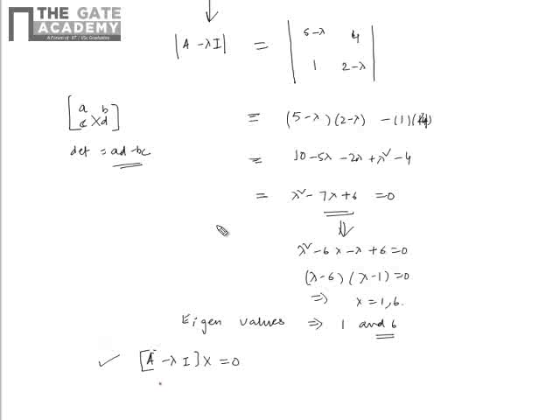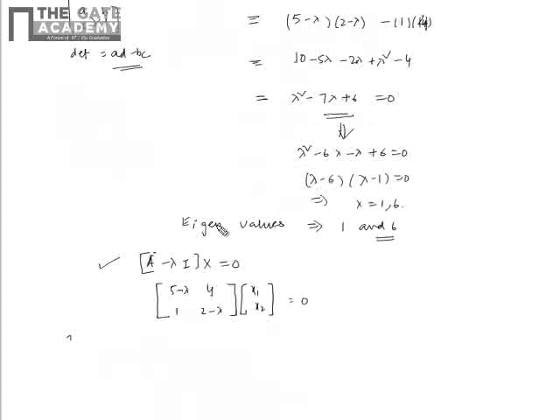This becomes the matrix [5 − λ, 4; 1, 2 − λ] times x, where the elements of x are x1 and x2, equal to 0. This is the general equation. Now for λ = 1, let's substitute it. I get the matrix [4, 4; 1, 1] times [x1, x2] equal to 0.